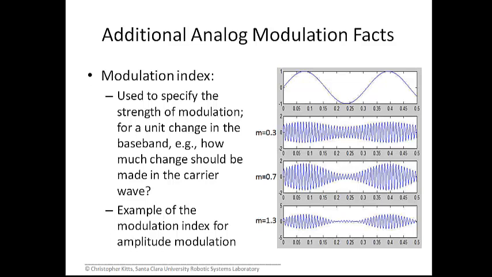And in fact, in that bottom one, I've gone too far. When you look at the modulation index of 0.3 to 0.7, you can see that I'm increasing how aggressively I'm changing the amplitude. And if you look at that 0.7, you can imagine, well, if I keep going, at some point, I'm going to hit zero amplitude on my modulated wave.